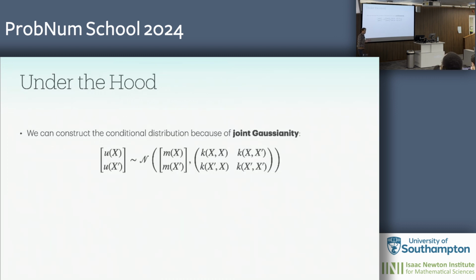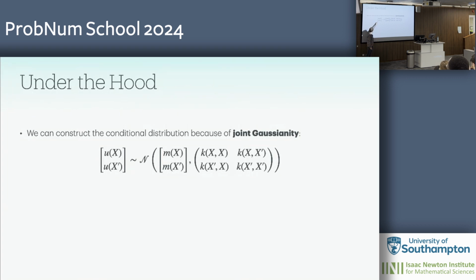So let's look under the hood of where this result actually comes from and see if we can generalize this to a setting where we can apply it to PDEs. So basically, under the hood, if we work in a purely finite dimensional setting, so specifically, I'm supposing that I'm just interested in the joint distribution of u at two sets of spatial locations, given by x and x prime, this result comes from joint Gaussianity.